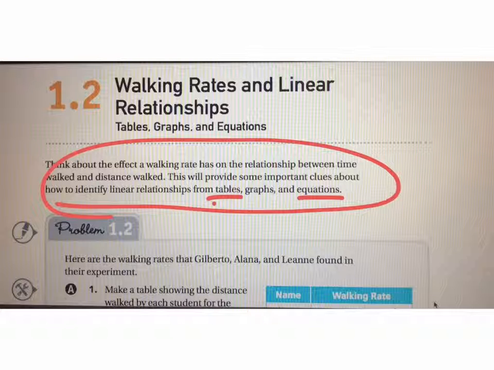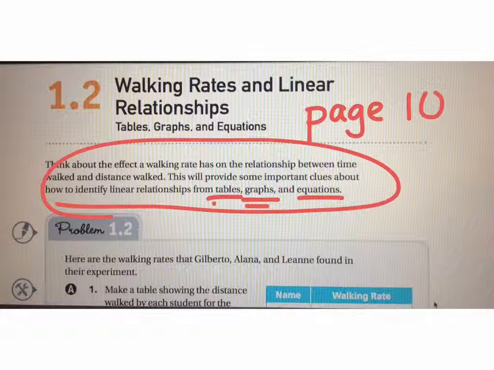We're going to make equations, and we're going to also be building graphs with that information. So today you'll be working with your math partner, and you'll be going to page 10, and you'll be looking at 3 characters, Gilberto, Alana, and Leanne, and you'll be experimenting with how to make a rate table for each of the characters.